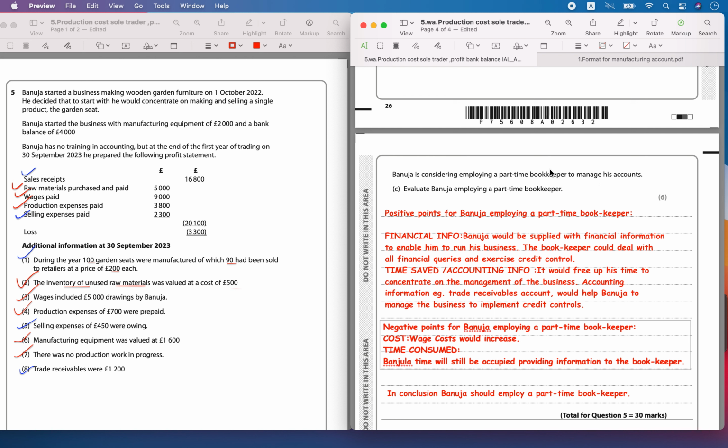Also his time might still get consumed because the bookkeeper has to provide all the financial and accounting information, so not all the time is saved. In conclusion, Banuja should employ a part-time bookkeeper accountant to help him with the business accounting information.